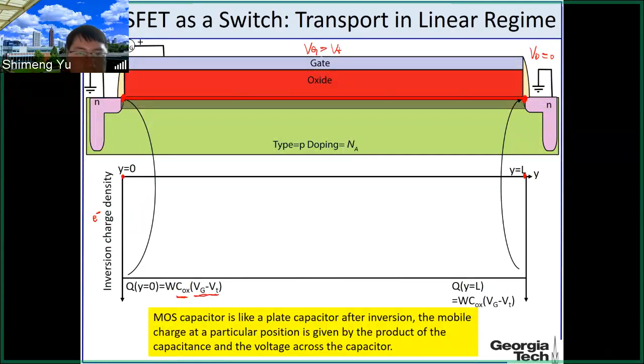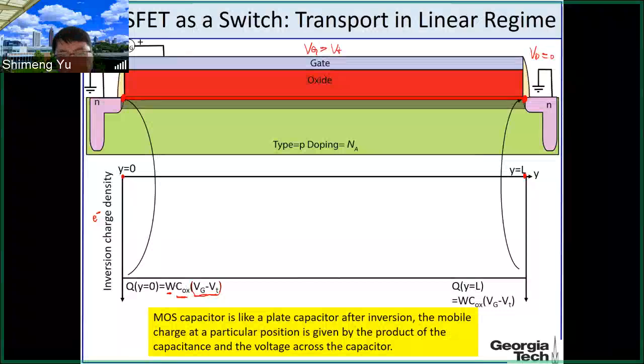So you have gate voltage applied. The gate voltage first needs to overcome the threshold voltage. So it's Vg minus Vt. That is the additional charge you create after the threshold. And then this capacitance times the voltage. Okay. And then we need to multiply by W.